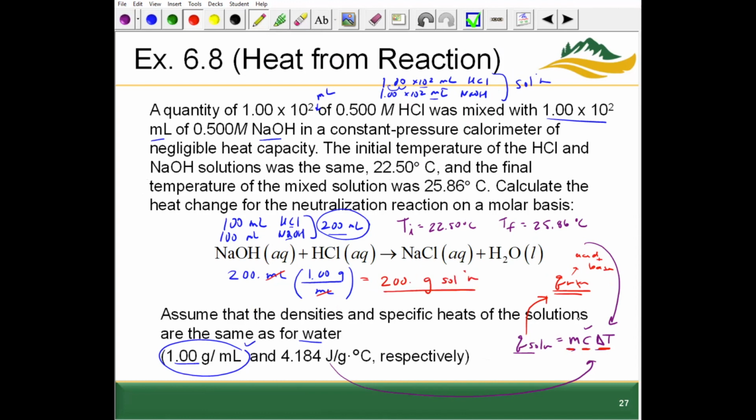Let's plug in now the change in temperature, the specific heat capacity of the solution, and the mass now of our solution. Then we'll connect that to the heat of our reaction, where the reaction is truly just the acid plus the base reacting.